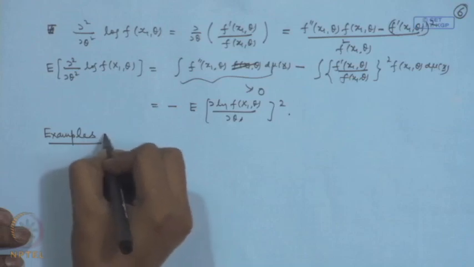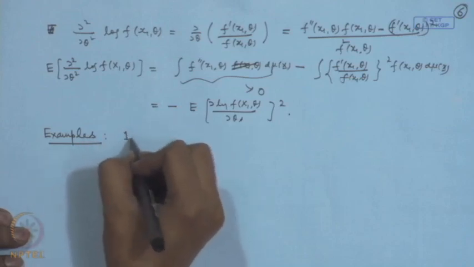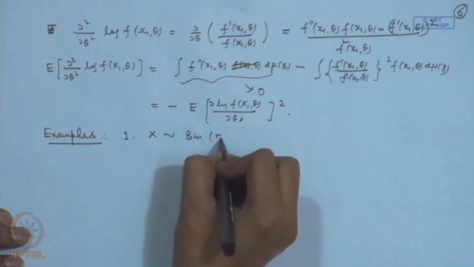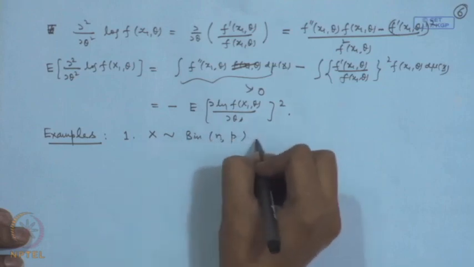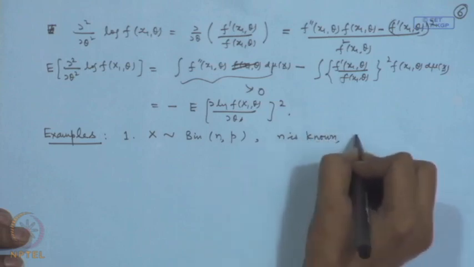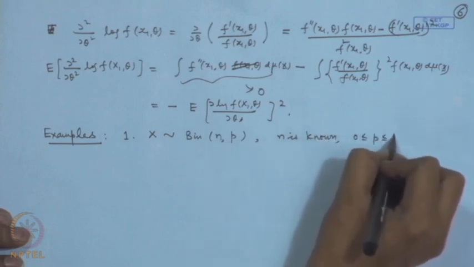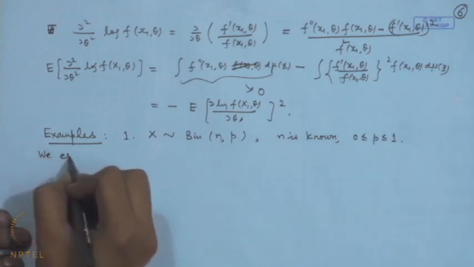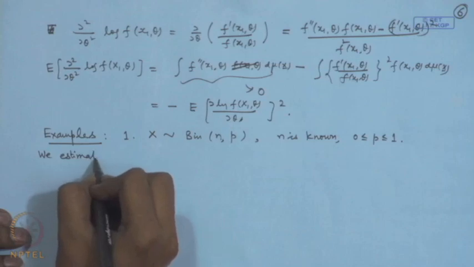So, let me start with some of the standard distributions. Let us consider, say, the binomial distribution with parameters n and p, where n is known. So, the parameter is actually p, and p takes any value between 0 and 1. So, we have to consider the estimation of p here.